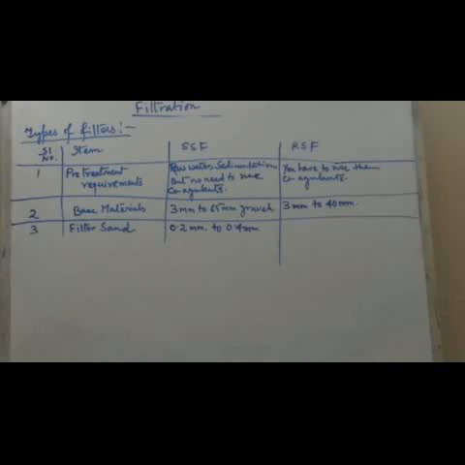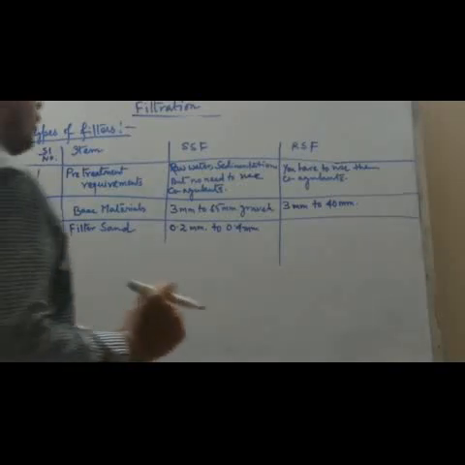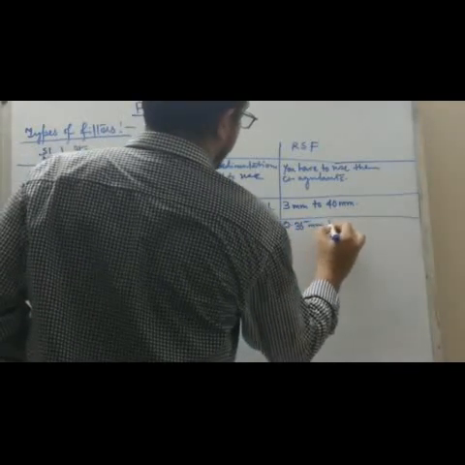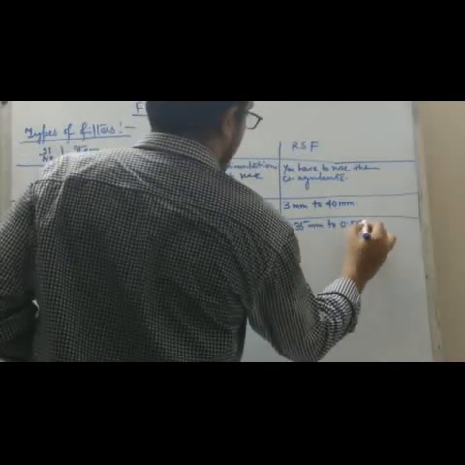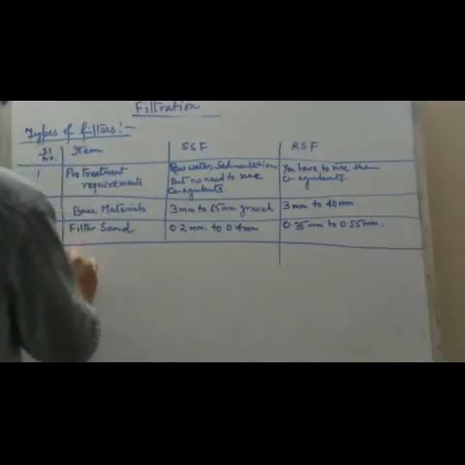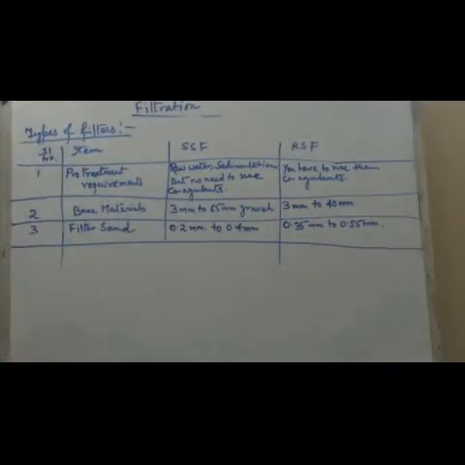And for the rapid sand filter, it is 0.35 mm to 0.55 mm. So this is the filter sand medium for these two filters.